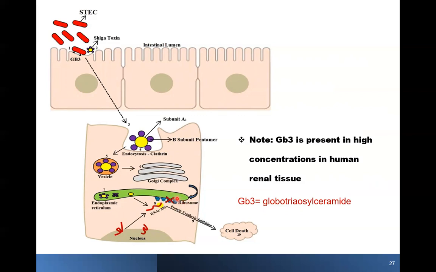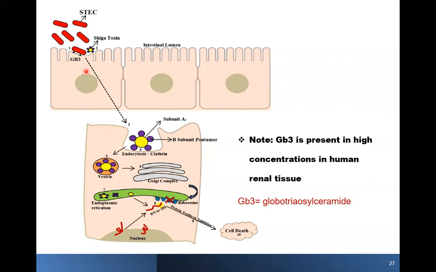Now, one thing I want you to note with enterohemorrhagic strains is that they bind to a particular receptor present in the enterocyte, the Gb3. Now they are able to cause acute renal failure because this particular receptor is also present in renal tissue. So the toxin can bind and destroy the renal cells, okay?